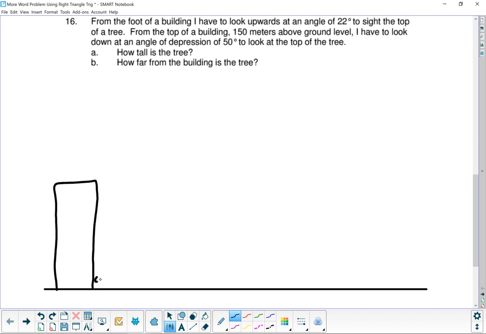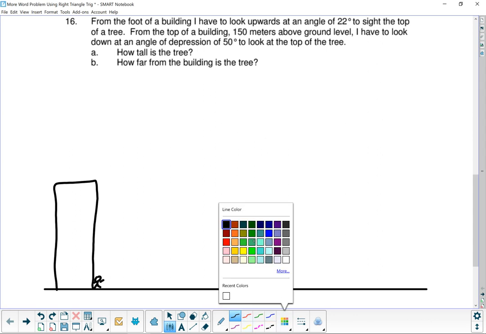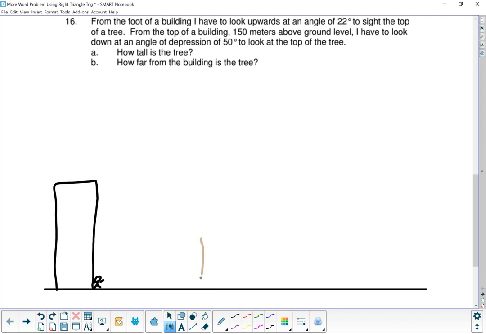You're standing here. From the foot of a building, I have to look upwards at an angle of 22 degrees to sight the top of a tree. Let me get this going. So, tree.